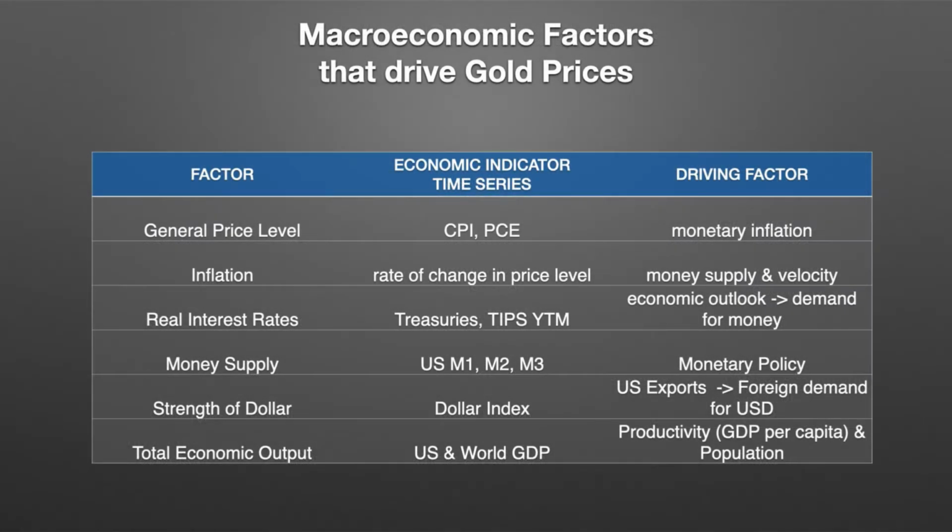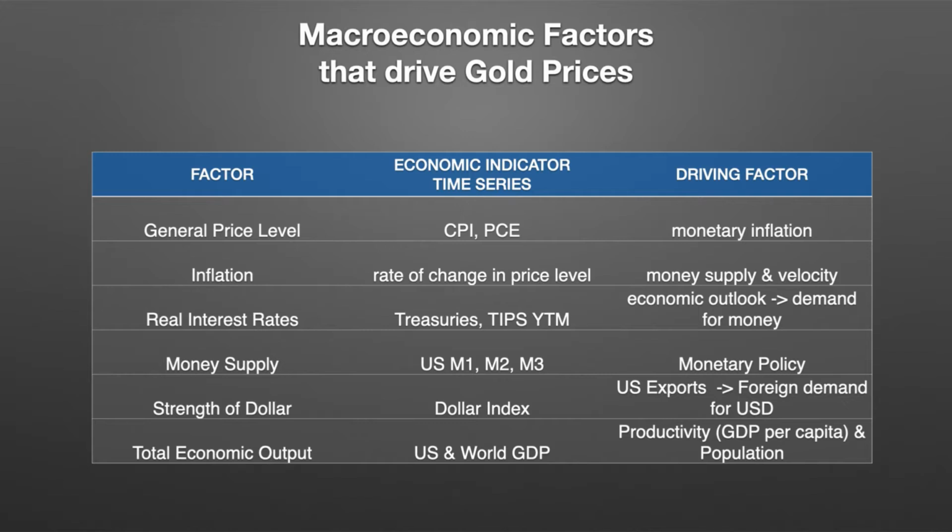There are also a lot of other macroeconomic factors, and these are a little easier to deal with because at least you can get time series from various government sources. The general one is the general price level, where CPI or PCE is one of the indicators. And I am using that. There's also inflation, which is the rate of change in the price level. I'm not directly using inflation, I'm using the price level.